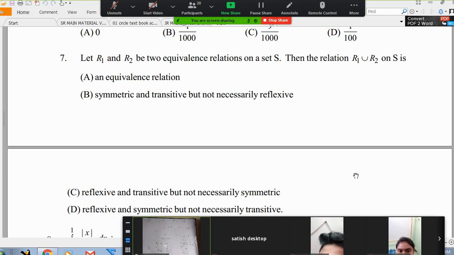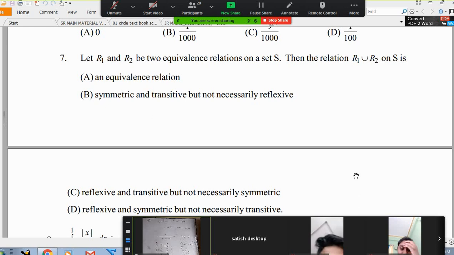Or you can just read the answer to the question and think about it. Okay, basically, what is the seventh question?